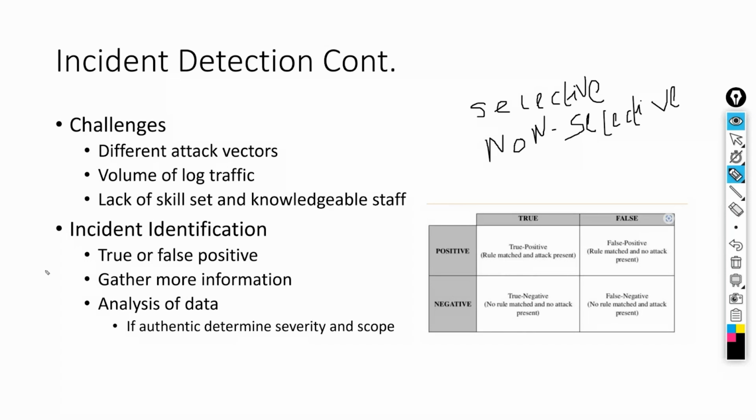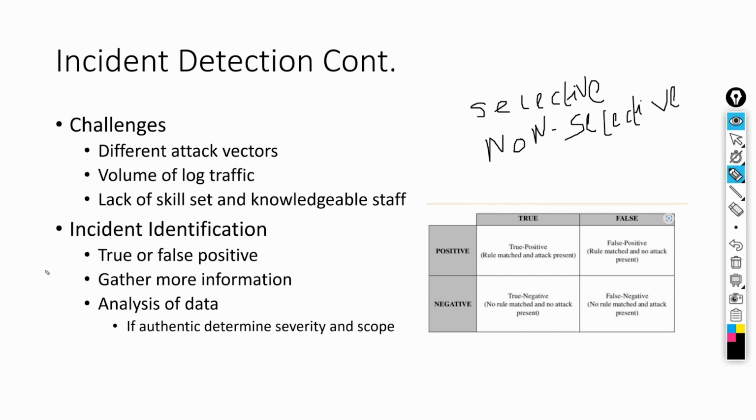So if you know your environment, you know which activity is legitimate and which is not. If you have a clear understanding and a clear baseline, you go for a selective policy. But 90% of the time, organizations that go for a SIM solution don't know what is normal and what is abnormal, right?